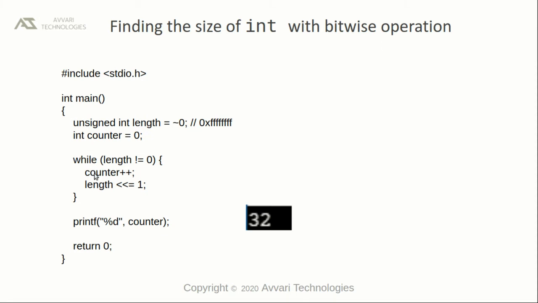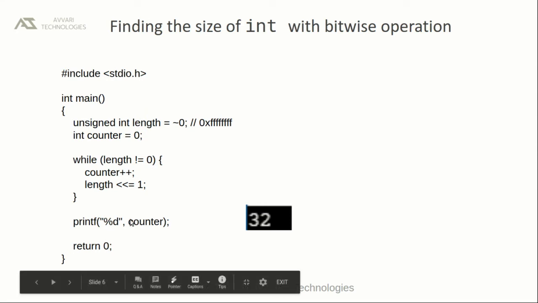Here we are looping the length variable until the value of length becomes 0. And we are incrementing the count, that is, we are keeping track of the length of the integer variable, and we are left shifting the value of length by one position on each iteration. Once the value becomes 0, we will come out of the loop and we will print the size of the integer.